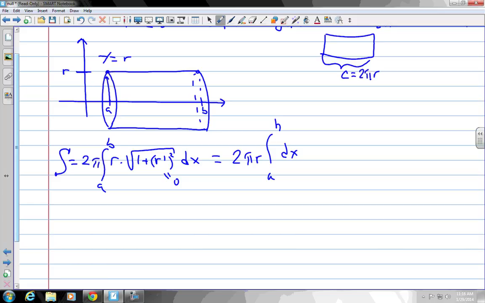So what's the integral? Just x, right? The antiderivative of 1 dx is x, so we get 2 pi r times x evaluated from a to b. What? Yeah, b minus a. Okay, so good.